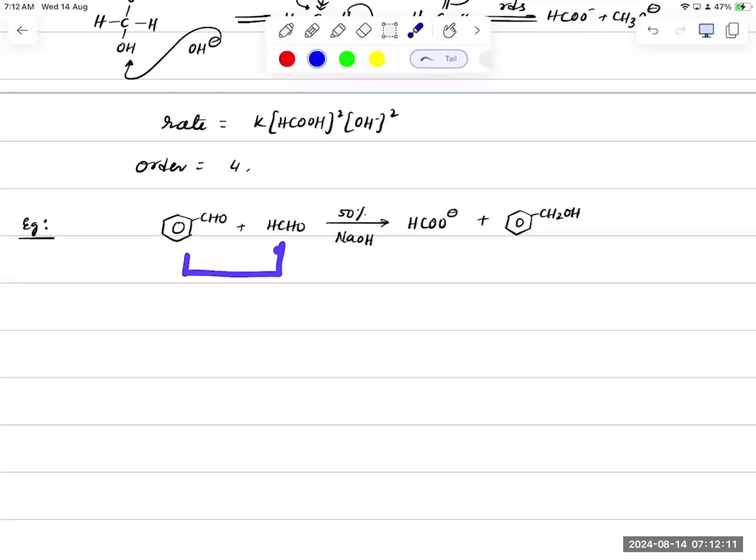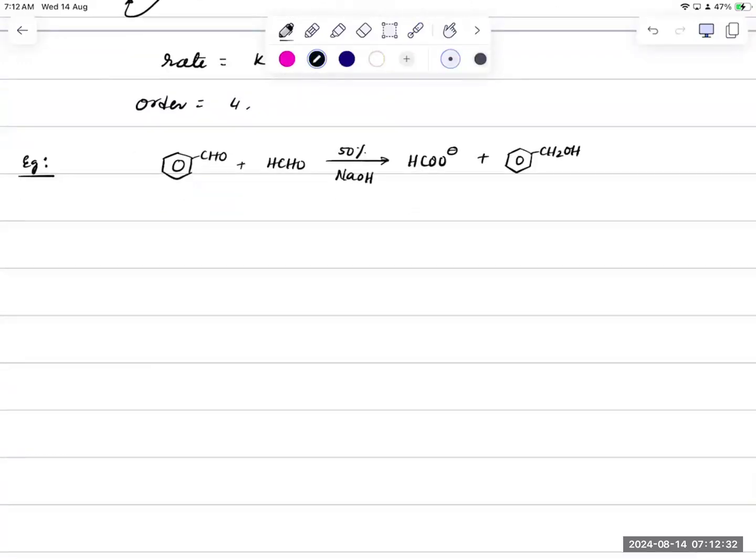So when it comes to crossed Cannizzaro, whichever is the most reactive aldehyde should always undergo oxidation. So here formaldehyde is more reactive than benzaldehyde. Therefore, this will always undergo oxidation. And the less reactive one will always undergo reduction. So that way we need to judge. Got it?